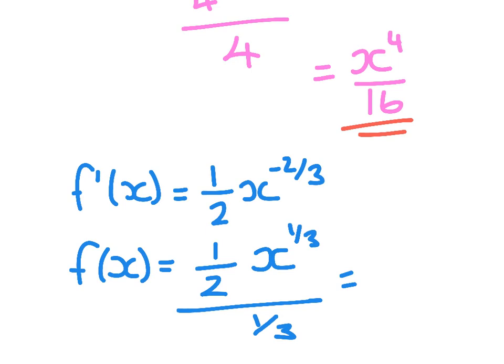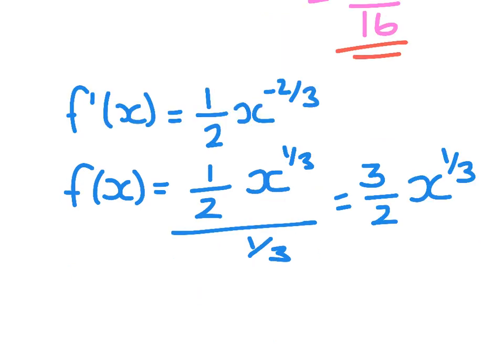Now dividing by 1/3 is the same as multiplying by 3, so that's 3 over 2 times x to the power of 1/3. I'm going to use my index rules here to convert that, and so I have 3 times the cube root of x over 2.